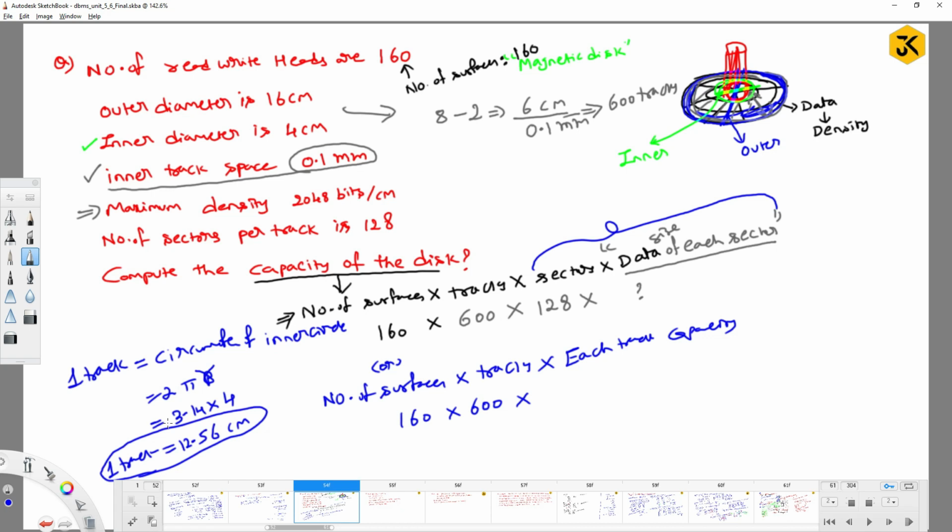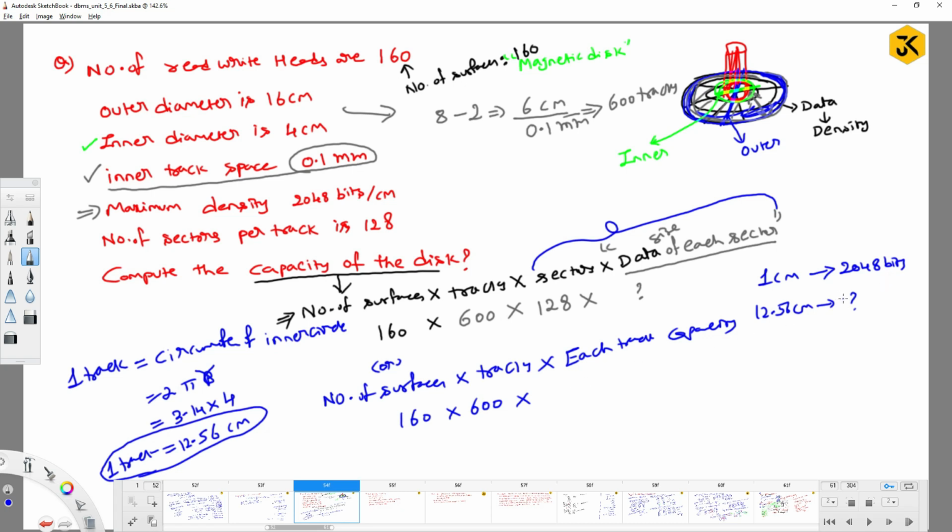So one inner track capacity is 12.56 centimeters, right? Now, in 12.56 centimeters, how much data can I save? They have clearly mentioned that in 1 centimeter we can save 2048 bits. For 12.56 centimeters, how many bits can I save? 2048 into 12.56, that you can calculate.